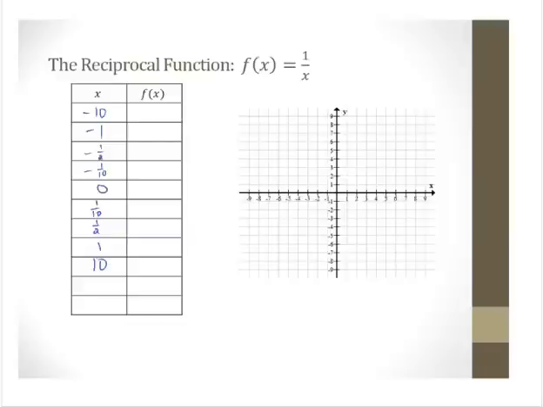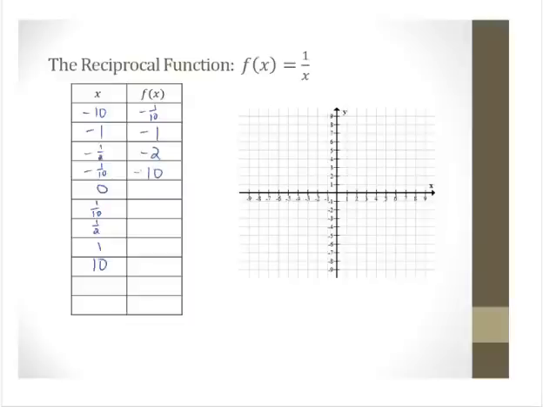Alright, so if my input is negative 10, its reciprocal is negative 1/10. If my input is negative 1, its reciprocal is negative 1. If my input is negative 1/2, its reciprocal is negative 2. And if my input is negative 1/10, its reciprocal is negative 10. 0.